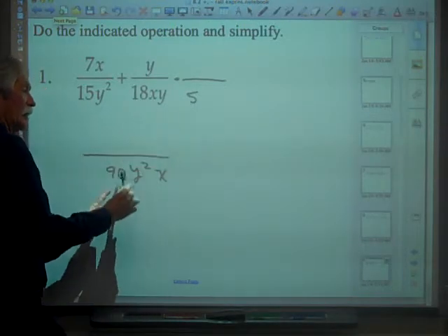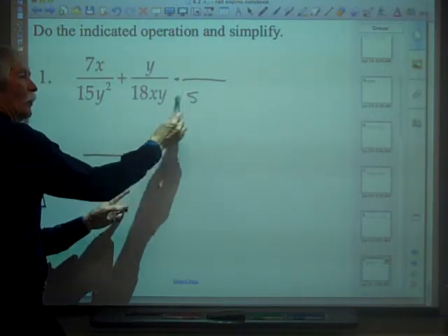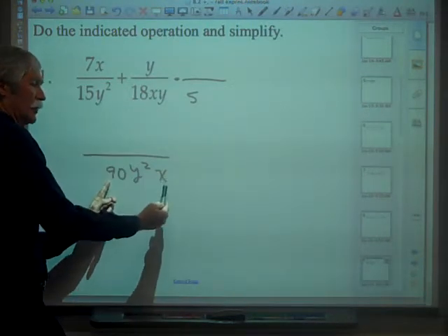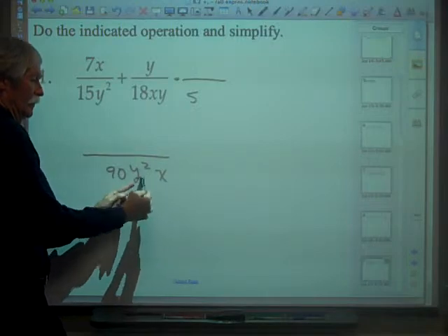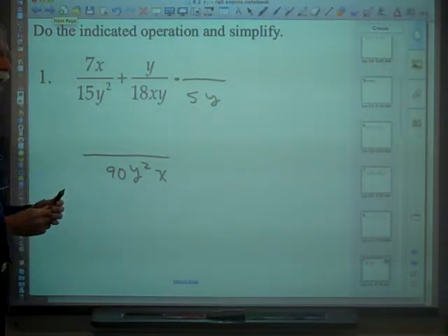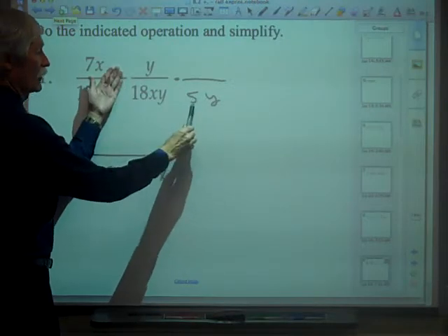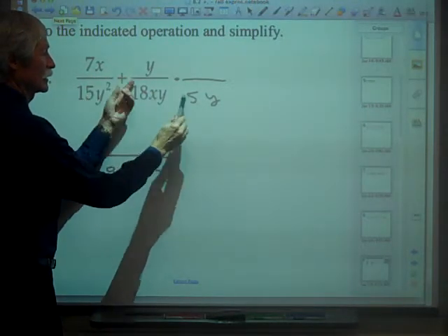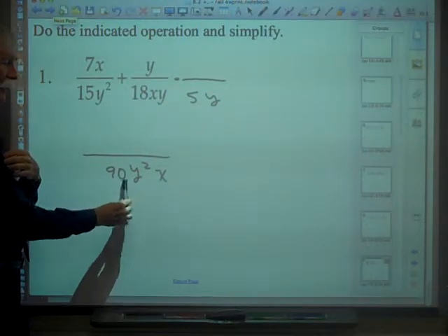Do we have the 90 covered now? What else does this denominator need to have in order to have the common denominator? It needs a y as well. Now will this have the common denominator? 90xy squared.